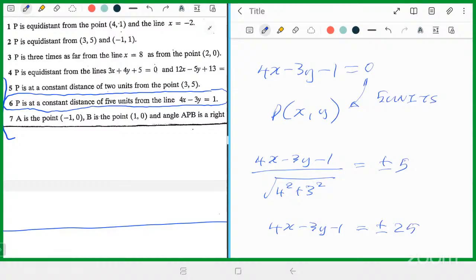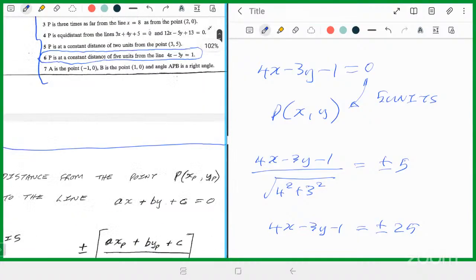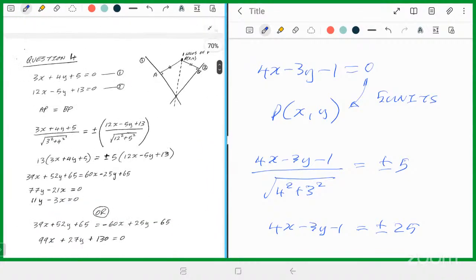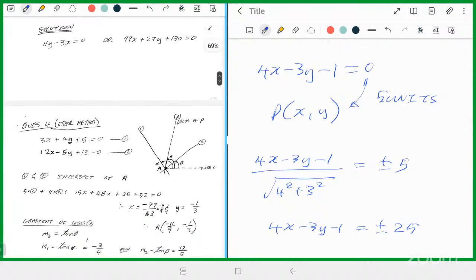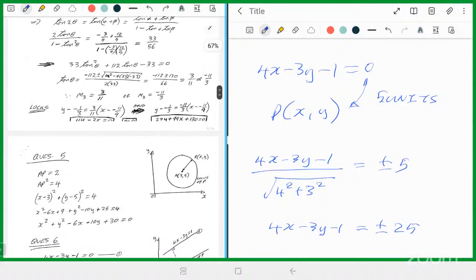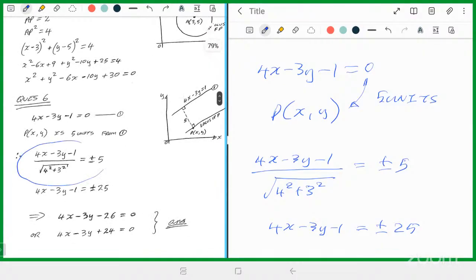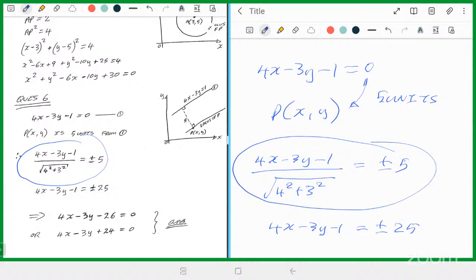There's two lines you're getting. One with the plus and one with the minus. Simple as that. Alright, the solution is on there somewhere. There. So the same equation there, so plus or minus 5.